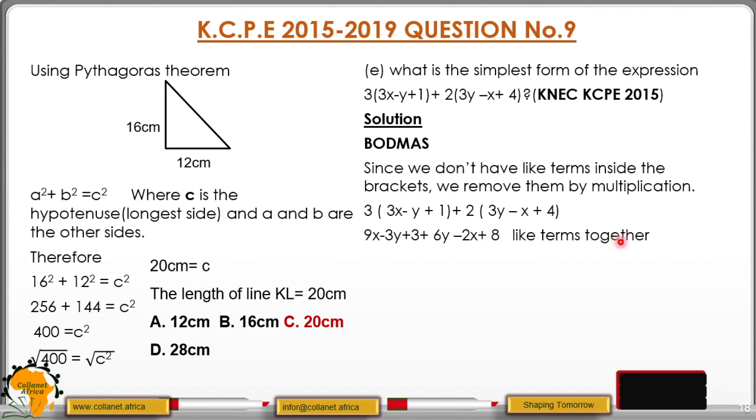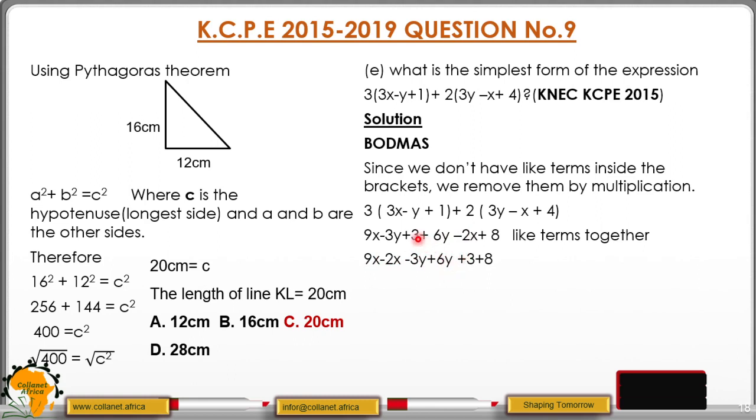Line then, like terms together. We have 9x, we have 2x, we have y, 3 minus 3y, 6y, and then we have 8. We have a 3. So how do we combine them? Remember, the signs are always before them. So 9x minus 2x. So you carry this one together with the sign, you put it there. Then we have minus 3y plus 6y.